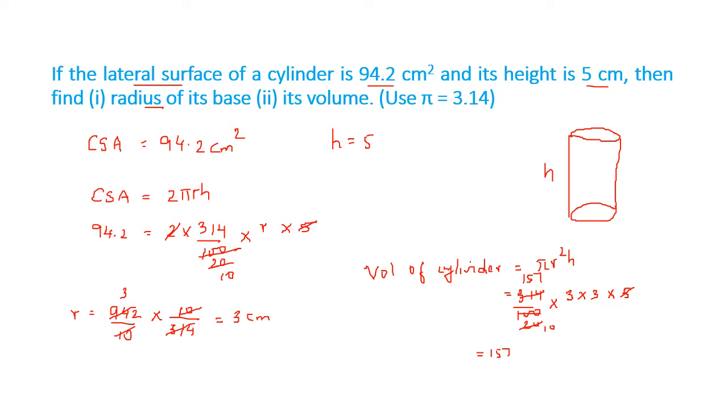So 157 into 3, 3s are 9 upon 10. So 141.3 centimeter cube is the volume of the cylinder. So, do you find it easy? It's all based on the formula.